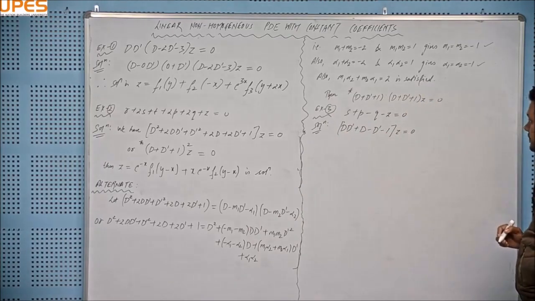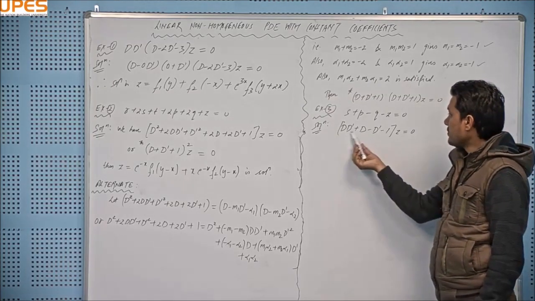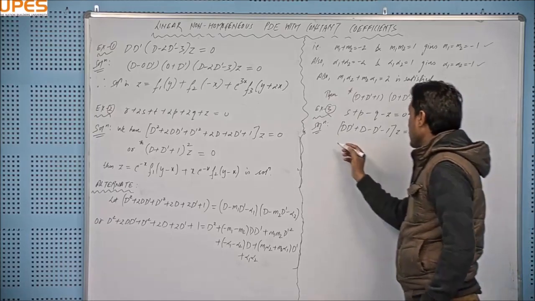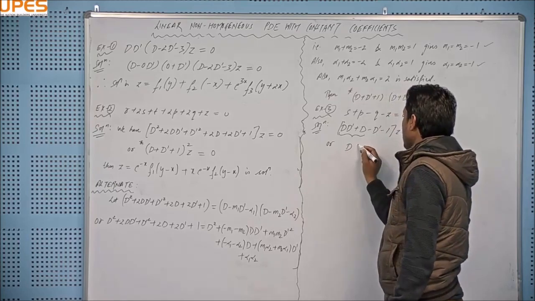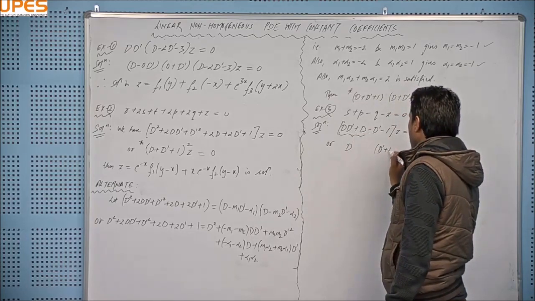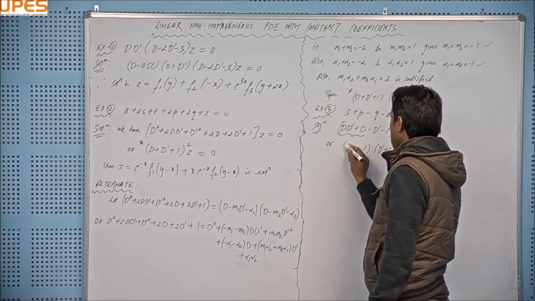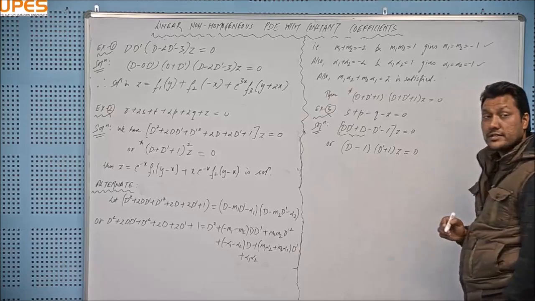Sometimes it is possible to pick up the factor. If I take D common out of these two terms, then you get D dash plus 1 and D dash plus 1, and you will have minus 1 here, z is equal to 0.